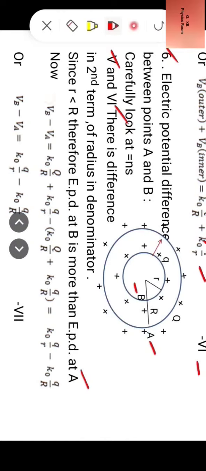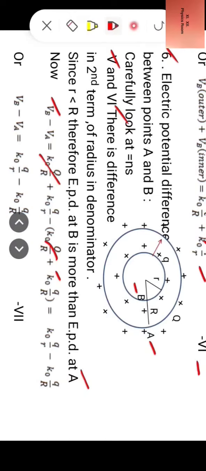Now VB minus VA is equal to K naught capital Q by capital R plus K naught small q by small r, minus, within brackets, K naught capital Q by capital R plus K naught small q by capital R. Here K naught Q by R and K naught Q by R will cancel on opening the bracket, and this plus will become minus.